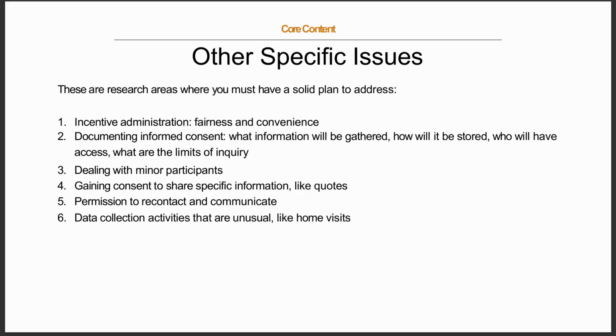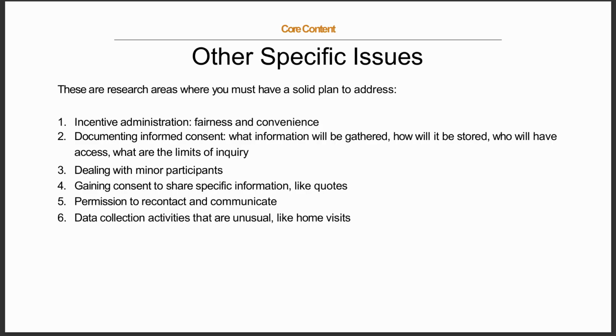If you're going to give an incentive, you need to make sure that it's fair and convenient for everyone. You want to document informed consent. Ideally, you want to have a signature that they are consenting, and then figure out how you're going to gather the information, store the information, and who has access or limit to this information.